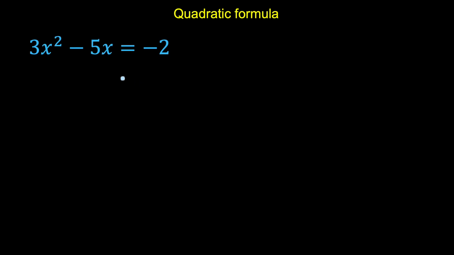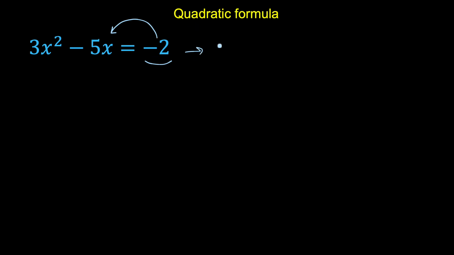Now let's solve another example. The first thing we need to do is to have an equation with all the terms with x and the constant on one side and 0 on the other side. But as you can see in this equation, we have terms with x on the left, but we have a number on the right. So we need to move the number to the left. And remember that when you want to move numbers to the other side of the equation, you need to change the sign.